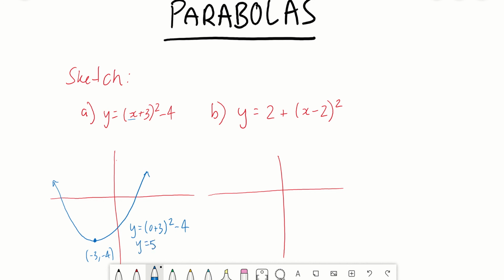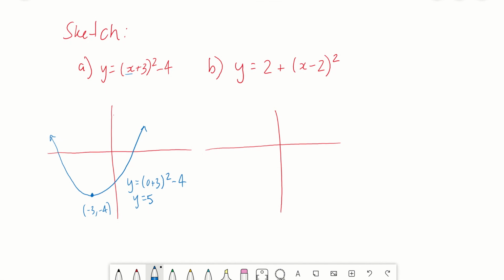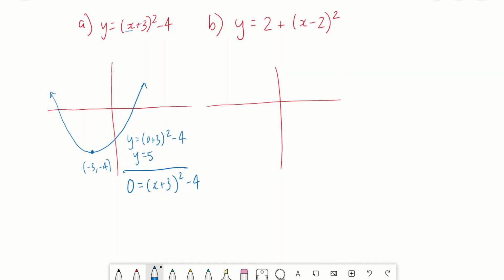That's an interesting point there. I'll come back to that. Now if I want to find the x-intercept, I will make y 0. So 0 equals (x plus 3) squared minus 4. And now this is an equation, I want to find x. So bring the 4 over.